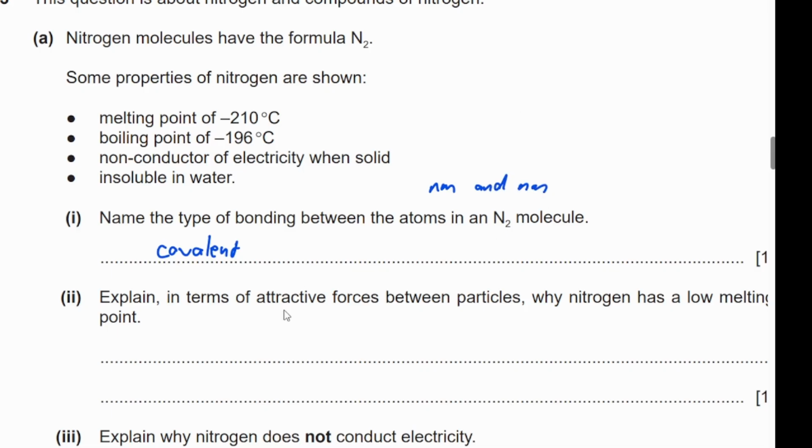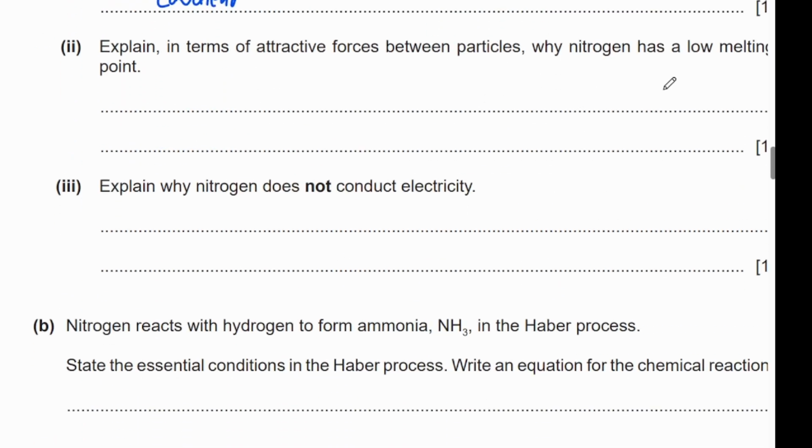Okay? Explain in terms of attractive forces between the particles why nitrogen has a low melting point. Because intermolecular, so basically between molecules, forces are weak.